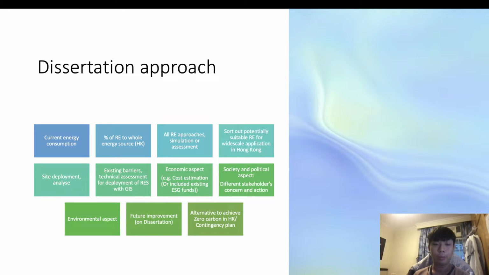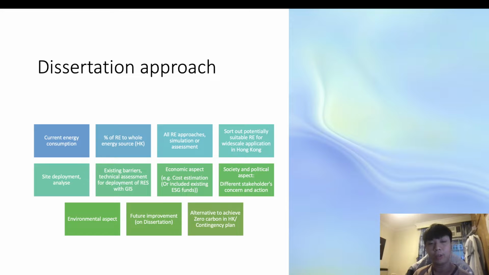Future improvement will be listed out, for example, at the end of the dissertation stage, what can be improved in the future, or any new approach that could be made.